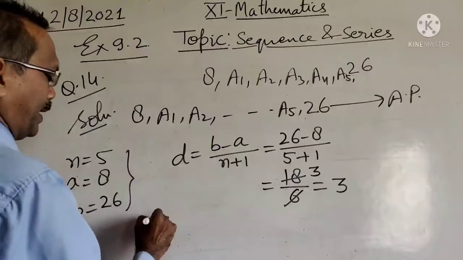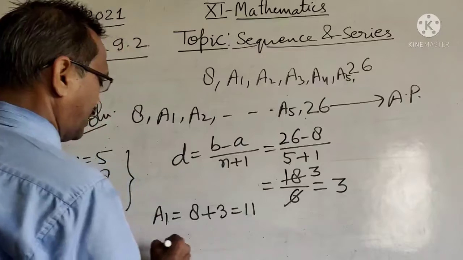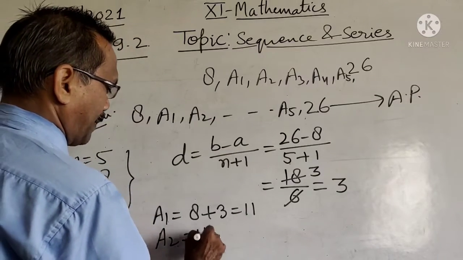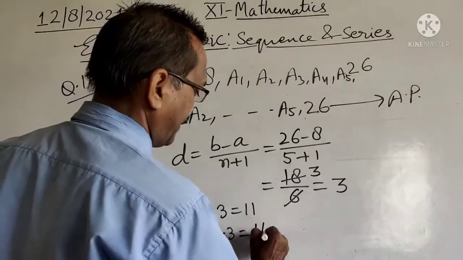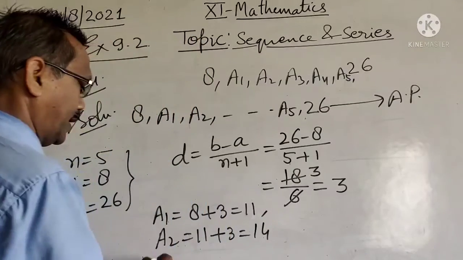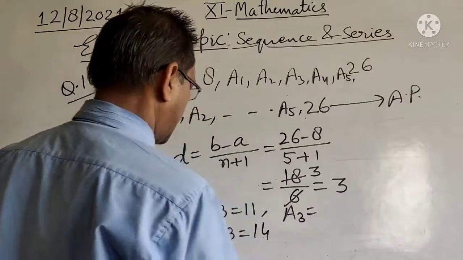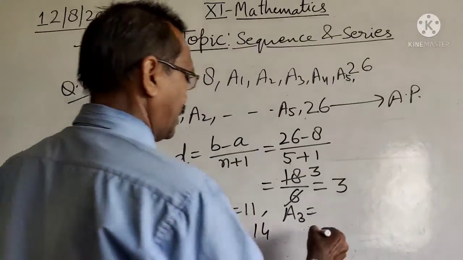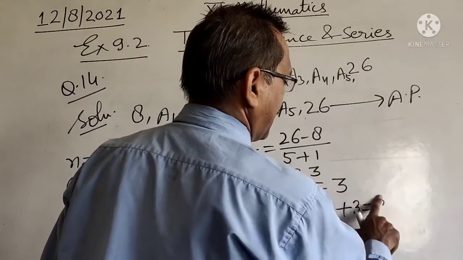Now, A1 is 8 plus 3, which is 11. A2 is 11 plus 3, it is 14. Then A3, it is 14 plus 3, which is 17.